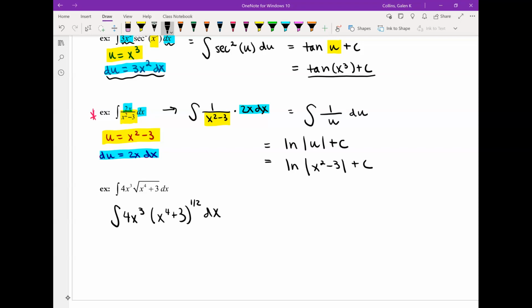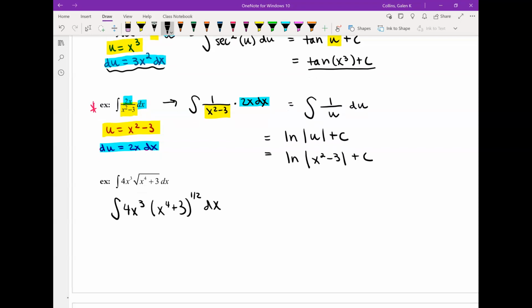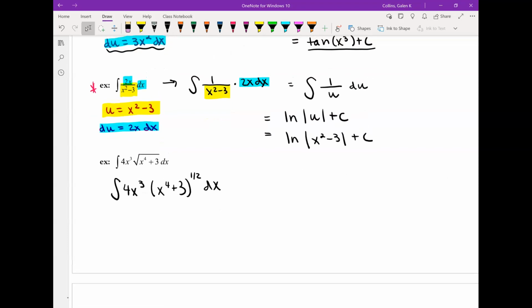So really, our integrand could be written as the product of two powers. All right, so if I look for my innermost function, that's going to be my x to the 4th plus 3. So I'm going to let u equal x to the 4th plus 3.